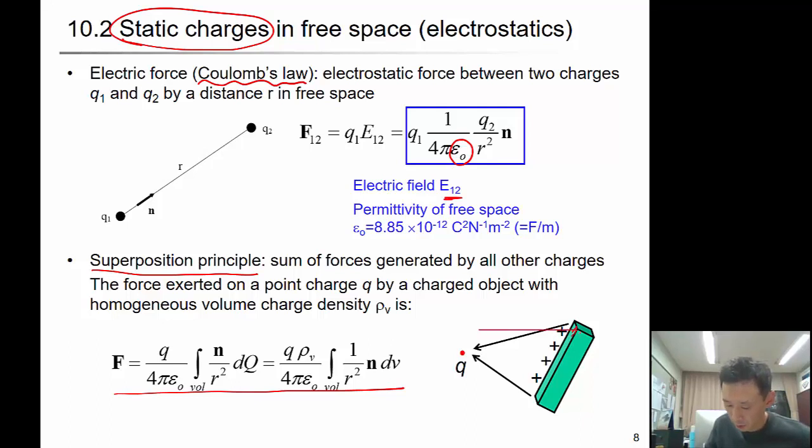If some material has the charge density rho v, then each charge will act with a Coulombian force like this, and if we integrate everything, this is the total sum of the force exerted by this charged object.